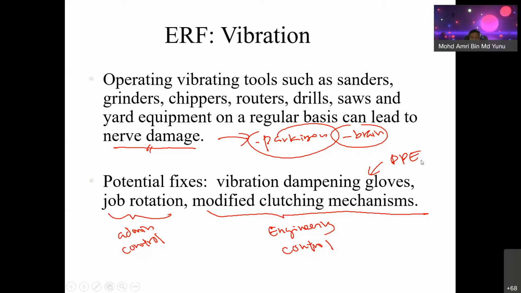So one of the methods is using vibration dampened gloves, and also using job rotation. The vibration dampening glove is basically a PPE control measure, job rotation is an administrative control, or a modified clutching mechanism on the tool itself, where the tool does not create a significant amount of vibration.